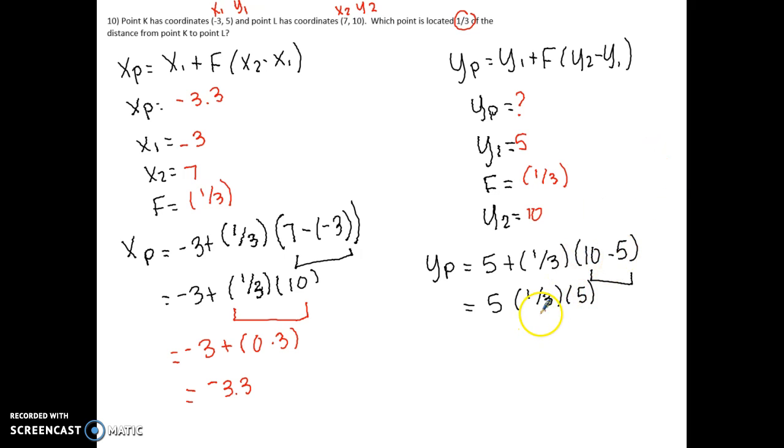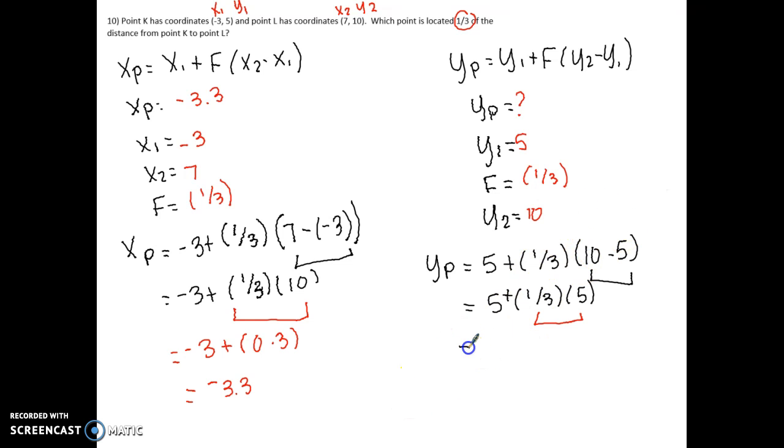Next up is to multiply the two parentheses. And excuse me, I forgot a plus right here. Multiply those two parentheses. So when we multiply 5 times 1 divided by 3 in our calculators, we get 1.6.